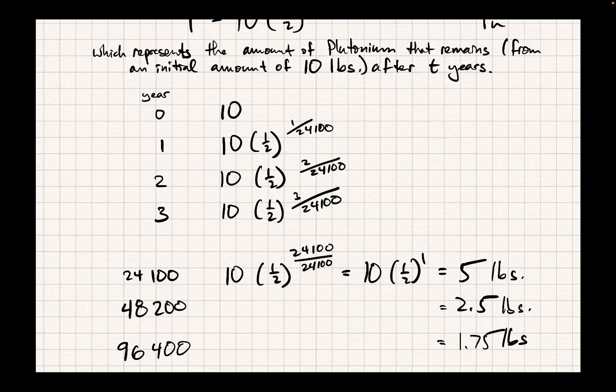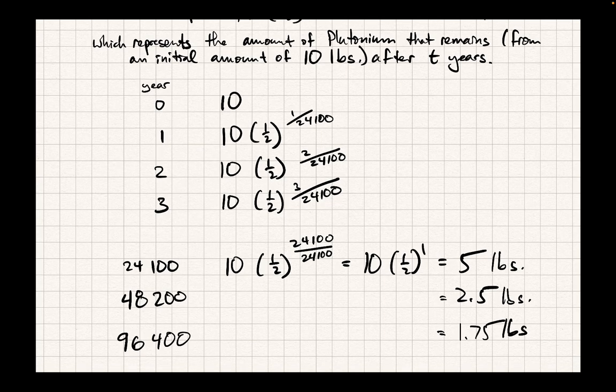Yeah, it keeps halving every 24,100 years. That's why it's called the half-life. So how much plutonium is left after 10,000 years?